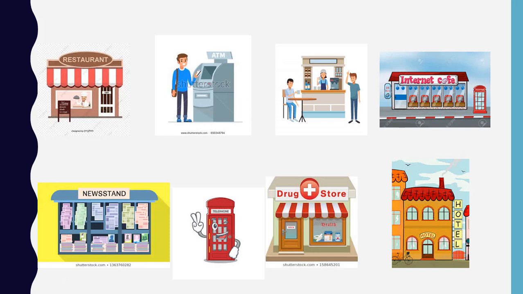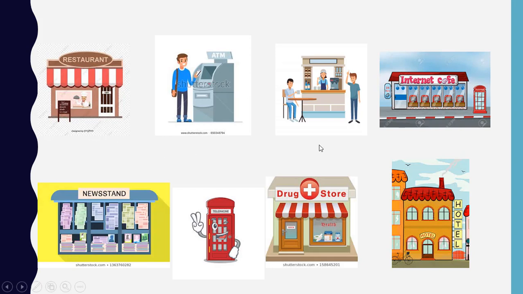Yes. In this place you can get newspapers. Here, the newsstand. In this place you can use the internet, chat, surf the net. Yes, the internet cafe. In this place you can get money, the ATM. In this place you can eat dinner or lunch or breakfast, restaurant.